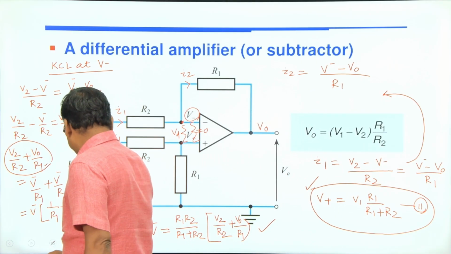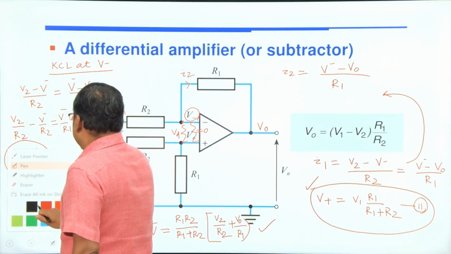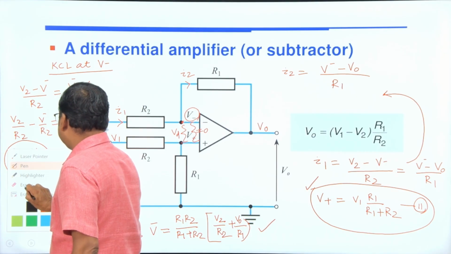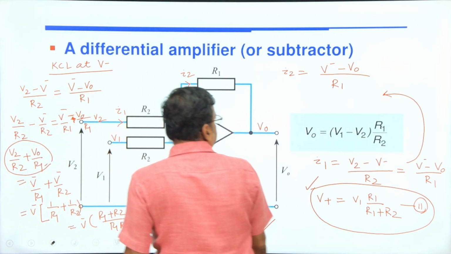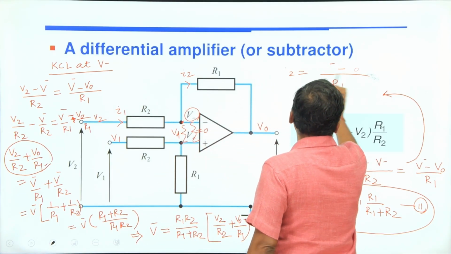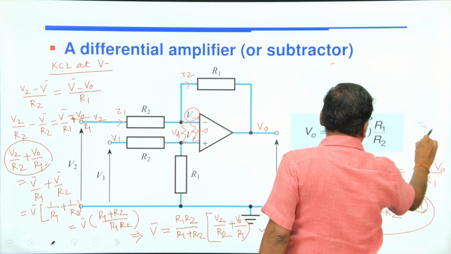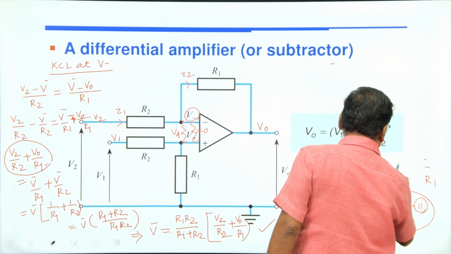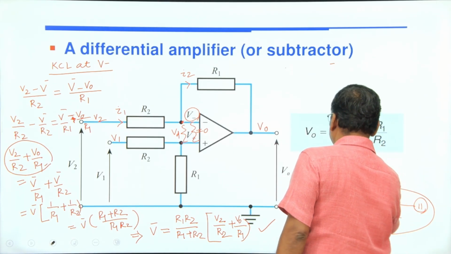So V minus equals V plus. Then from this relation you will find the output voltage of the differential amplifier.